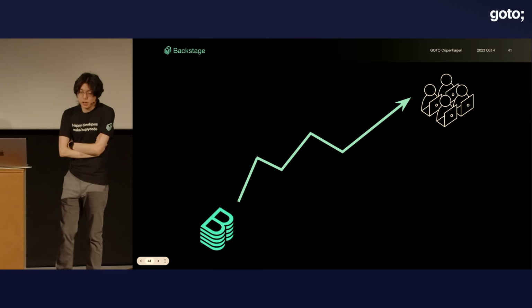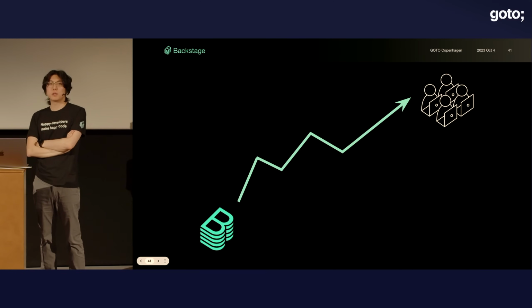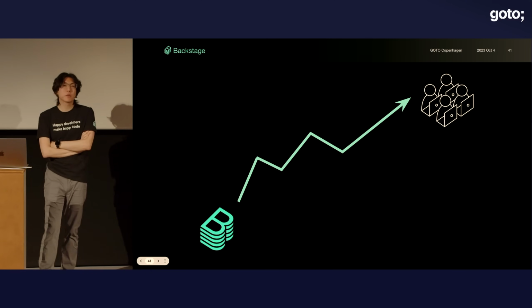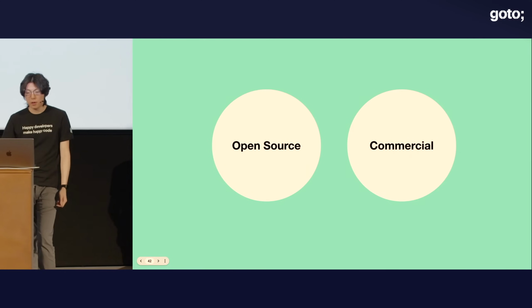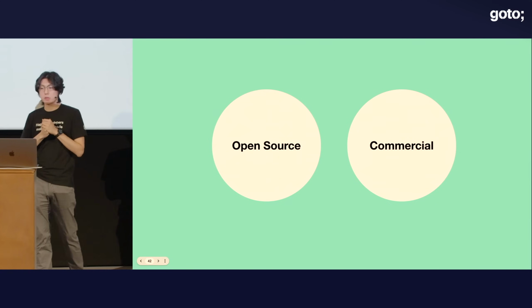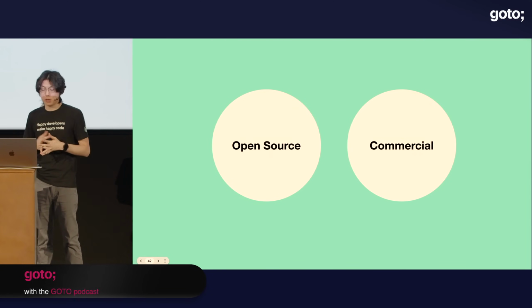And Spotify realized, we still have a ton of untapped potential, like developer productivity knowledge inside the company that we'd really like to still bring to the world. And the idea of commercial software came up. And when you think about commercializing on top of an open source ecosystem, there's traditionally a few business models or kind of ways you could go about it.